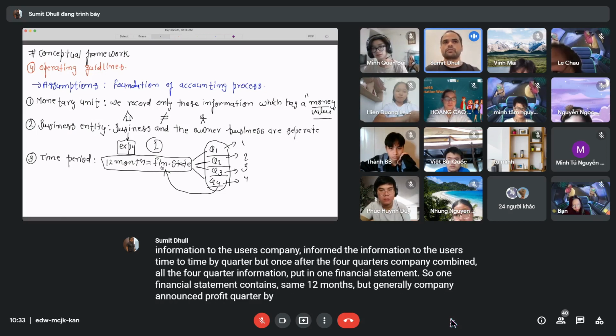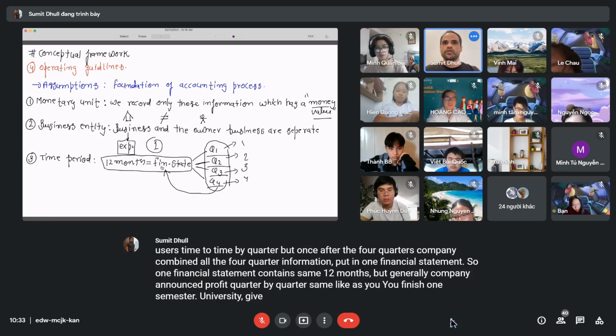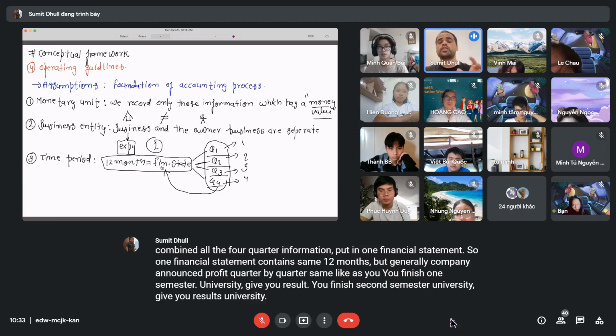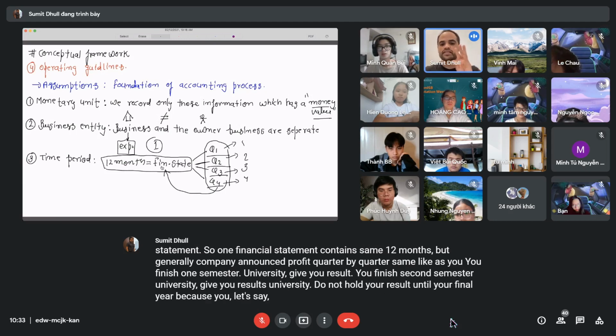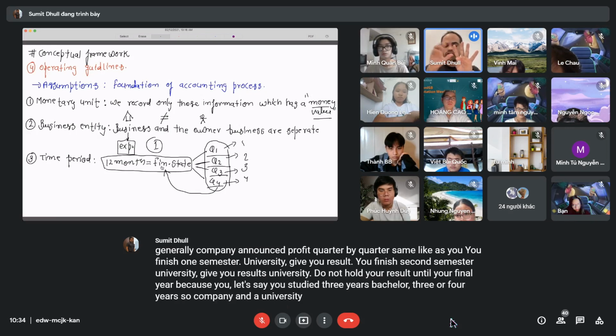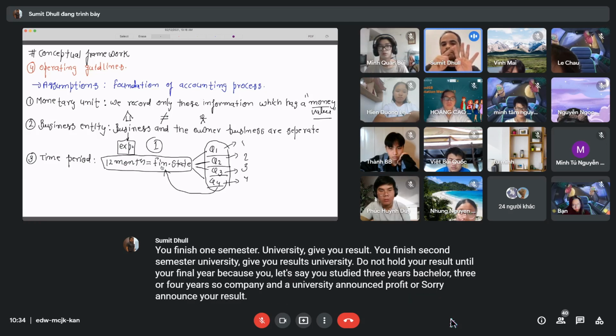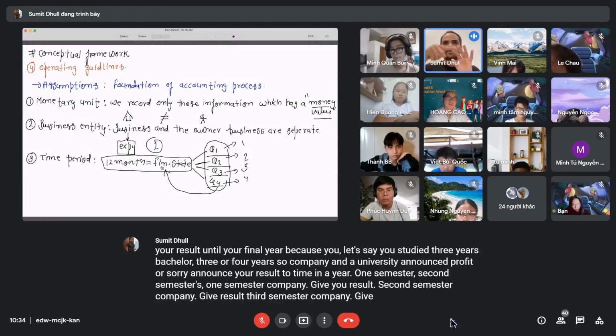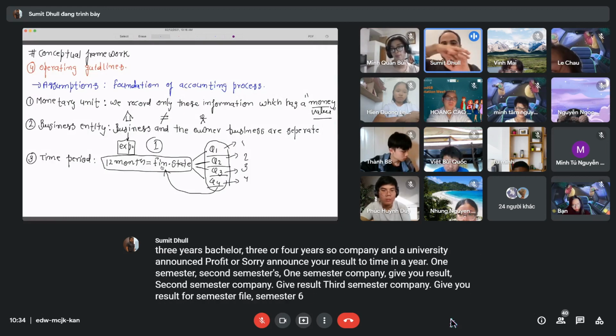Same as when you finish 1 semester, the university gives you a result. You finish the 2nd semester, the university gives you results. The university does not hold your result until your final year, because let's say you studied 3 or 4 years for a bachelor's. So the university announces your result 2 times in a year. 1st semester, result. 2nd semester, result. 3rd semester, result. 4th semester, 5th semester, 6, 7, 8.